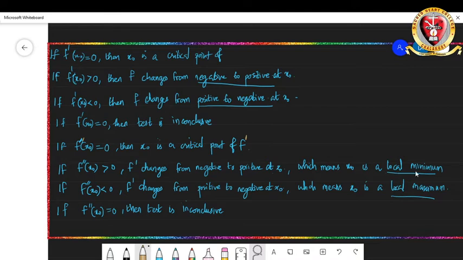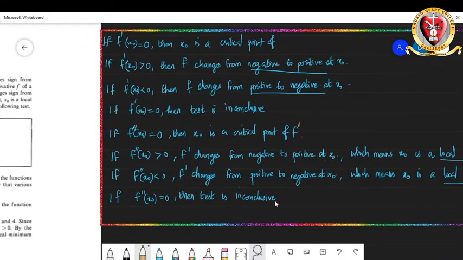This we had mentioned before. If f double dash of x naught is strictly less than 0, we can say that f dash changes from positive to negative value at x naught, which means that x naught is a local maximum. And when f double dash of x naught is equal to 0, the test is inconclusive. We cannot conclude what happens there.